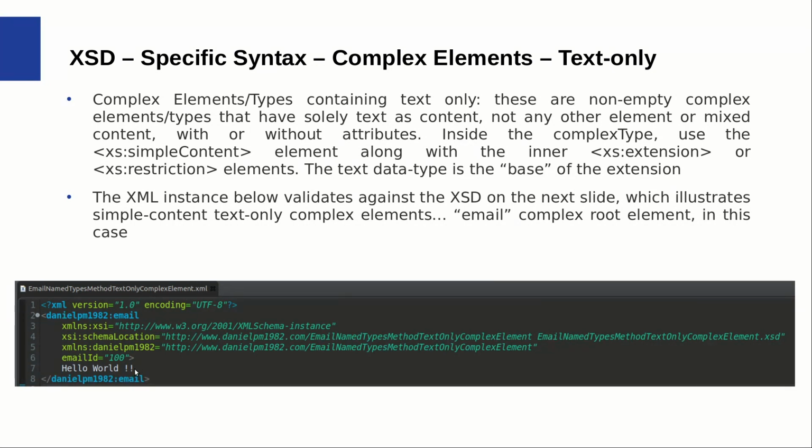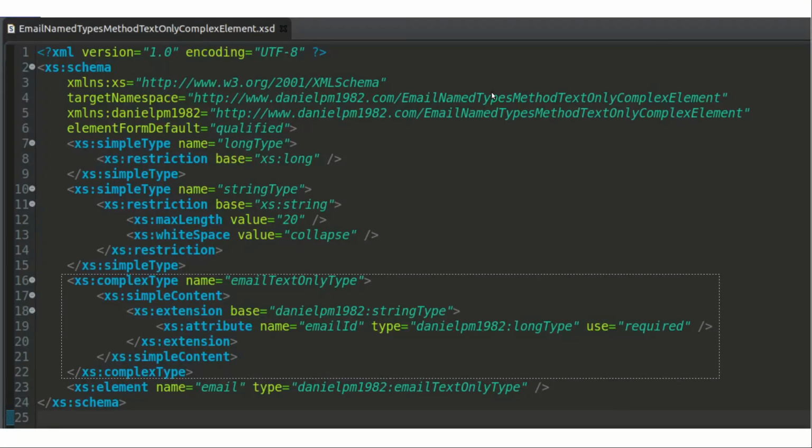You've got to use any content that is a text. This is pretty similar to what we used at the empty complex element declaration, but in this case observe that the base type that we extend with the simple content of the complex type is not a 0 length string type, it's a 20 length.